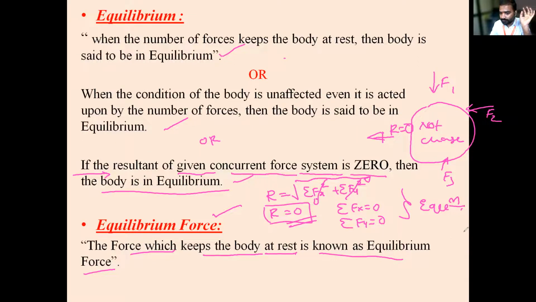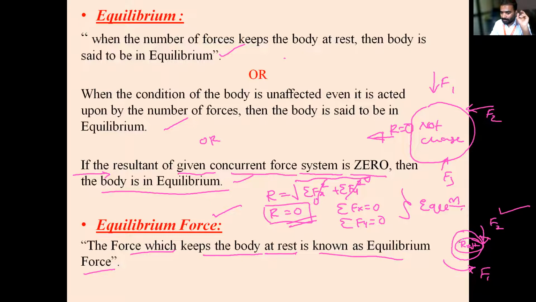See, consider this is one body. It is moving like this. Earth is moving in this anti-clockwise direction. Now I will apply another force in the clockwise direction. This is the F1 force, and I will apply the F2 force. If this F2 force brings the Earth to rest, then this force is called the equilibrium force.